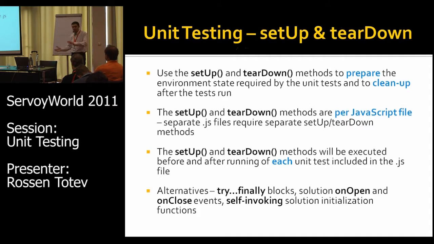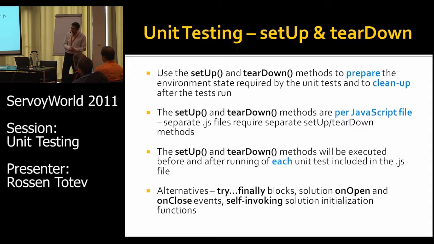So if you organize your unit tests in forms or maybe in globals, each form, or basically each JS file, will need its own setup and teardown methods. These methods will be called before and after each unit test method is executed.